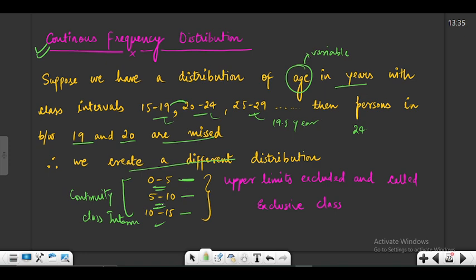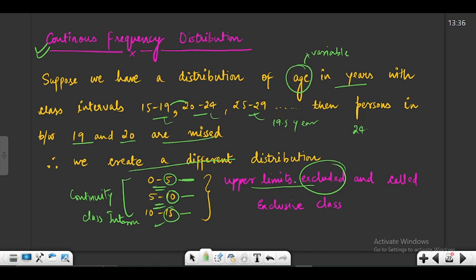Okay, so the catch here is that to maintain this continuity, the upper limits are excluded. So in this class interval of 0 to 5, the people with the age of 5 years are not counted in the frequency distribution. Okay, so the upper limits are excluded. Okay, so the person with 5 years of age will be a part of the next interval. So in here 5 will be included, but 10 will not be included.